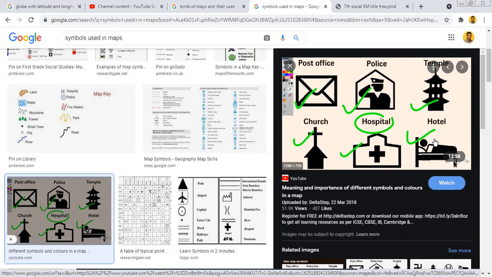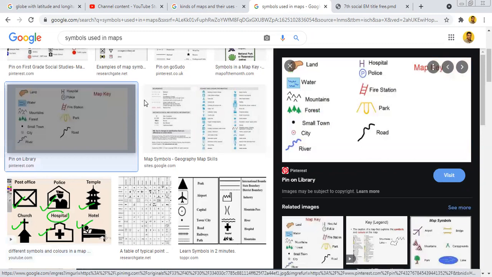At the time of map making, our map makers introduced some symbols to show physical objects on the map. This is road, park, fire station. Different symbols are there for all of these. Clear? Next, today we are going to discuss physical maps.